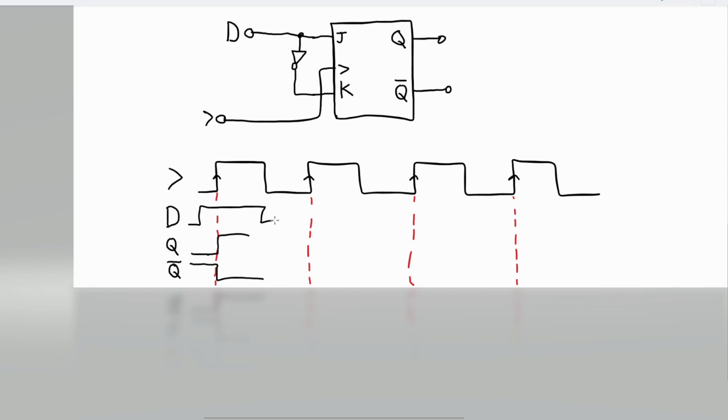Let's say D goes to 0 at this point. When this rising edge is sent, Q will become whatever D is, which becomes 0. If D doesn't change by the next rising edge, Q will just stay the same.